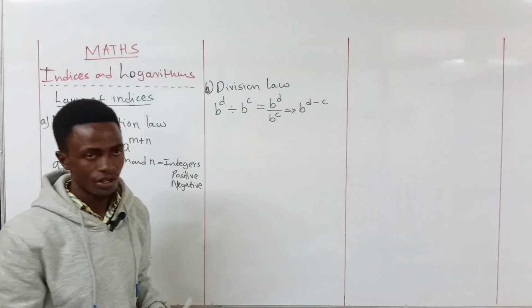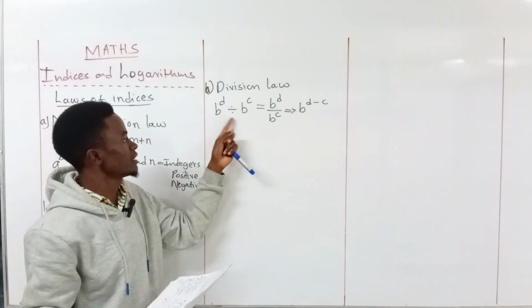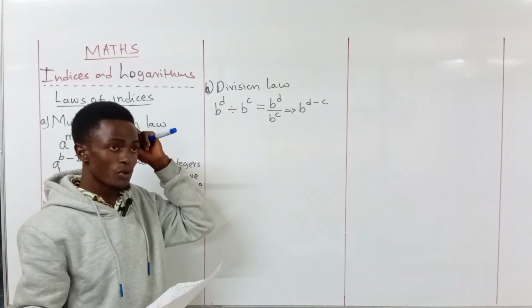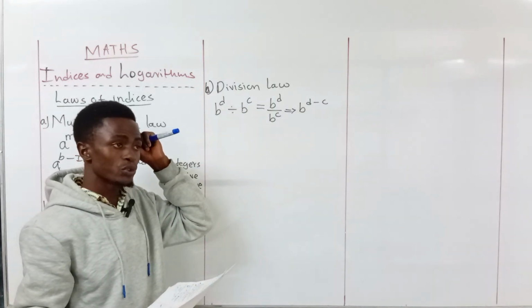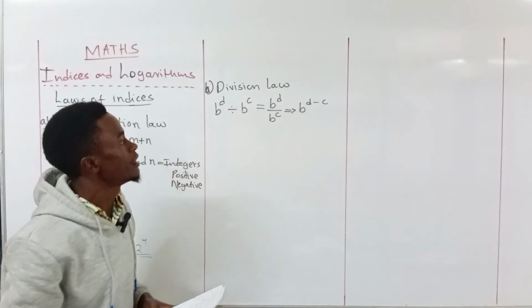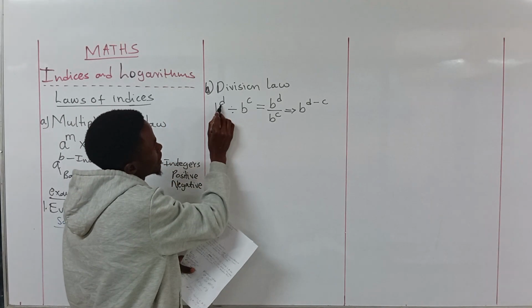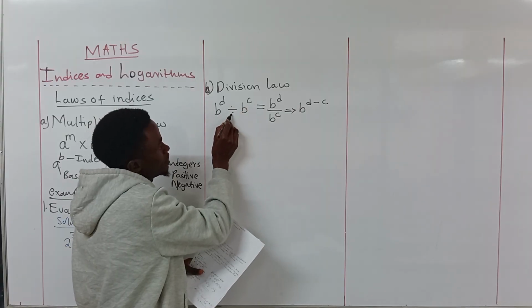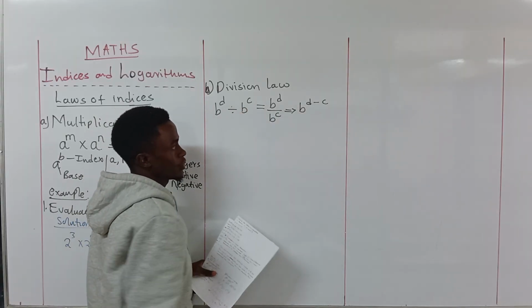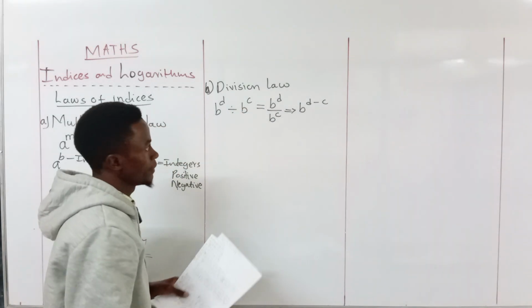So what happens is this: when we introduce the division sign between indices, then when we are solving them, we are going to subtract the powers. That is why we have d and c. In the place of division, we have done what we call subtraction of the powers.